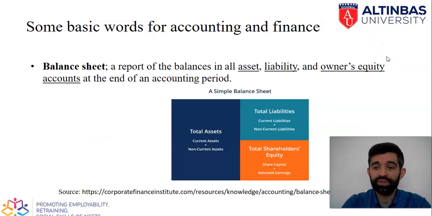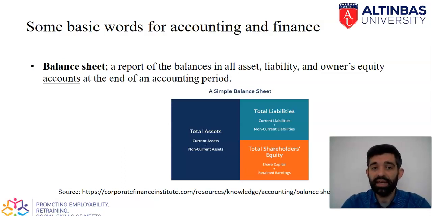So another important concept is balance sheet. It's a report of the balances in all assets, liability, and owner's equity accounts at the end of an accounting period. Here you may find a simple balance sheet, with total assets on one side, and on the other side you may see total liabilities and total shareholders' equity.